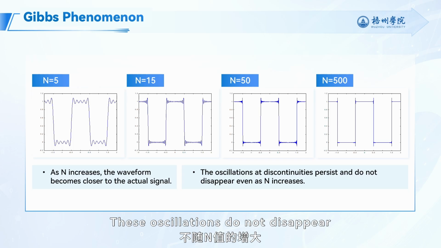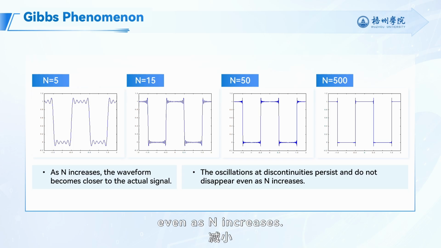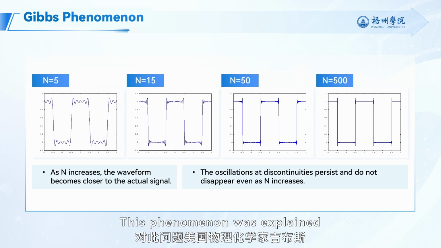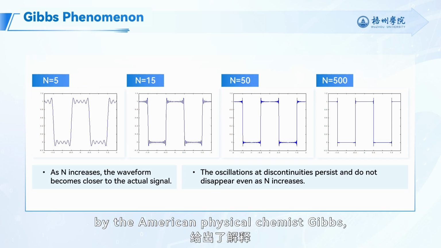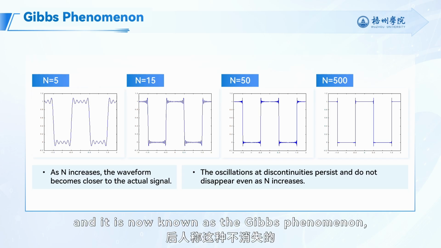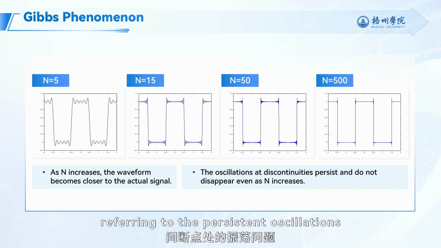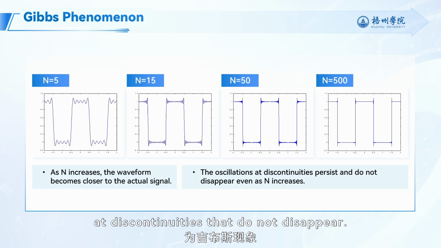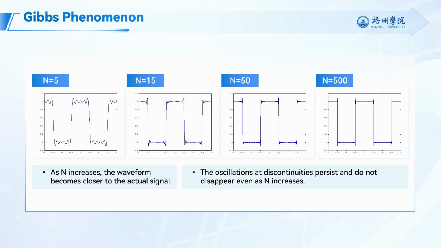These oscillations do not disappear even as n increases. This phenomenon was explained by the American physical chemist Gibbs, and it is now known as the Gibbs phenomenon, referring to the persistent oscillations at discontinuities that do not disappear.